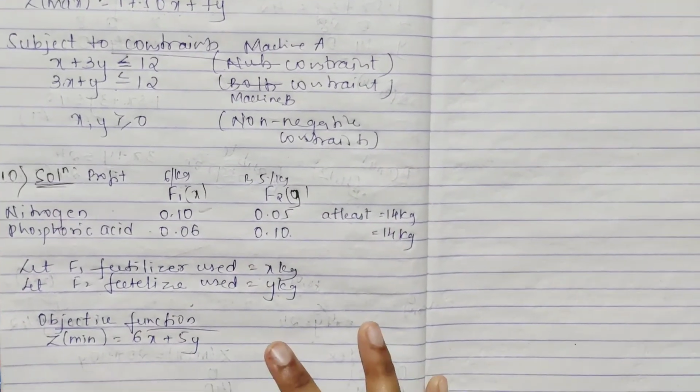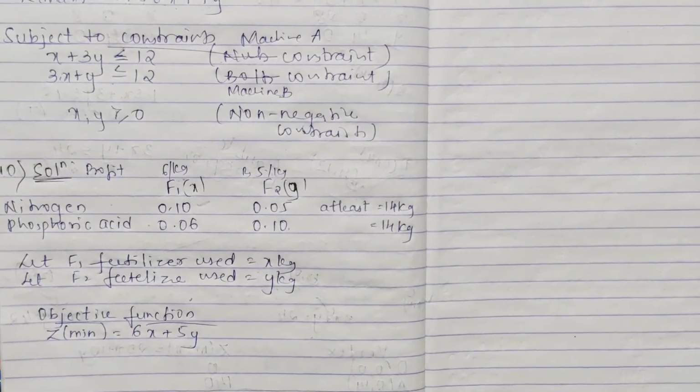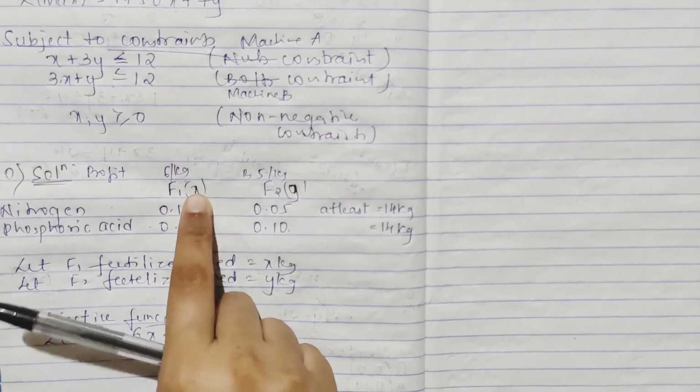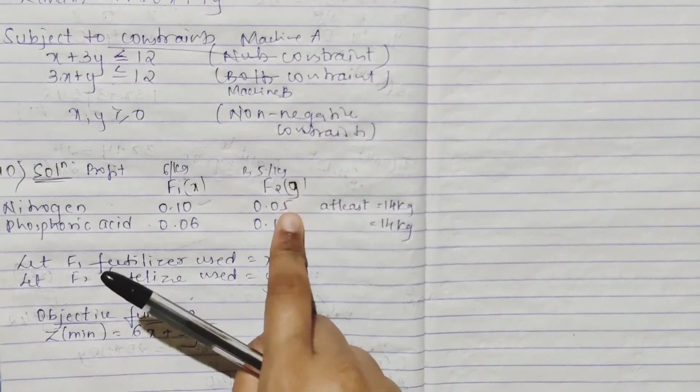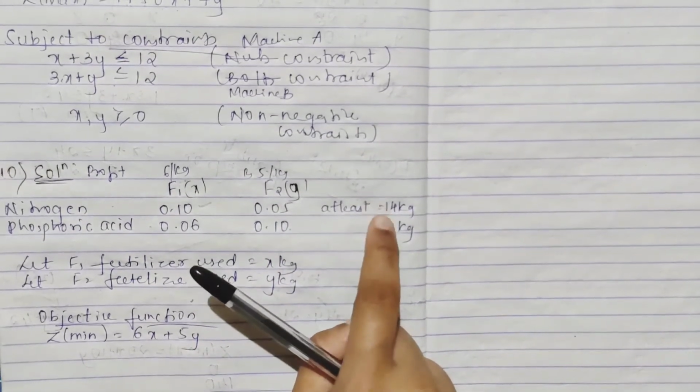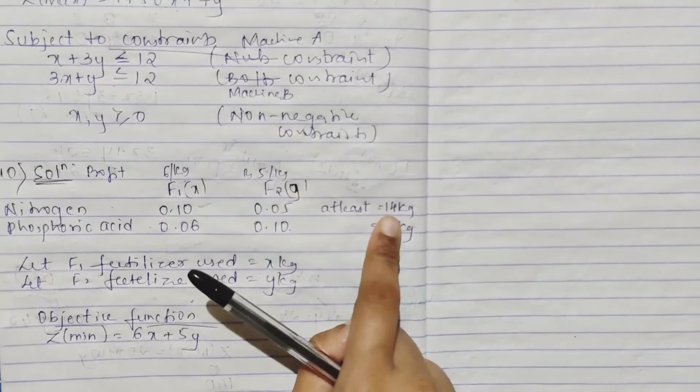But they are asking for the minimum, so Z minimum, subject to constraints, will be 0.10x plus 0.05y. At least they are telling, so it should be greater than or equal to 14.